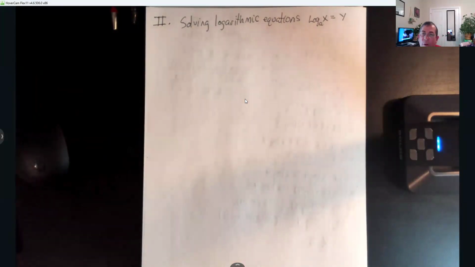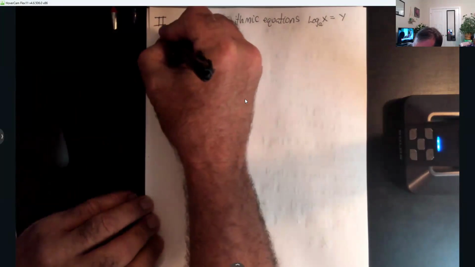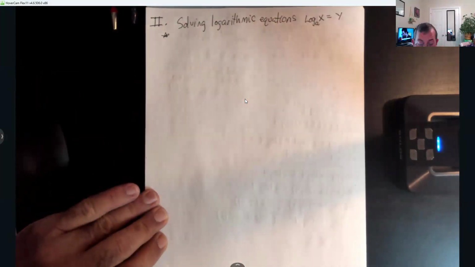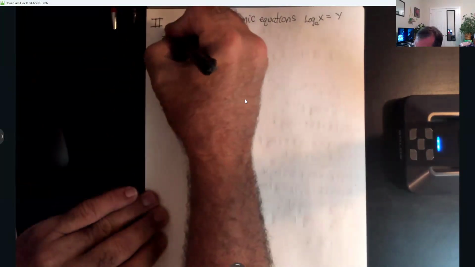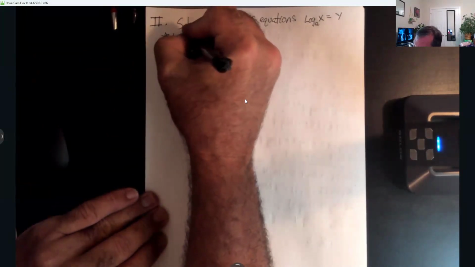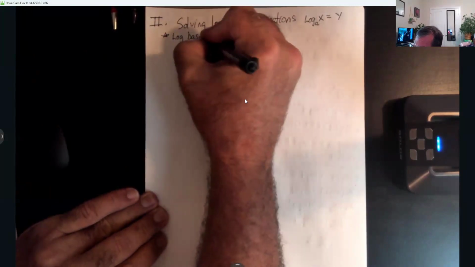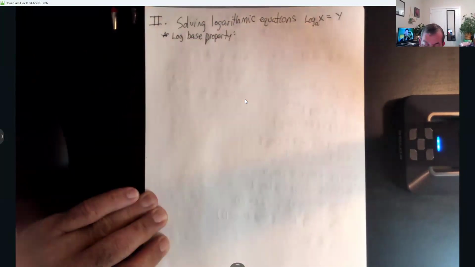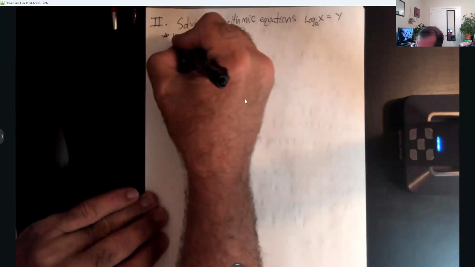All right, y'all. So a little property that helps us in this section, similar to the base exponent property, we got what we call the log base property. So this property is similar.